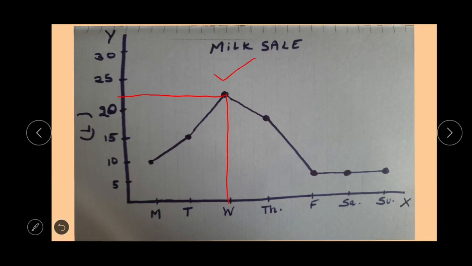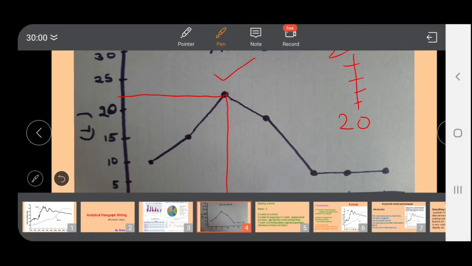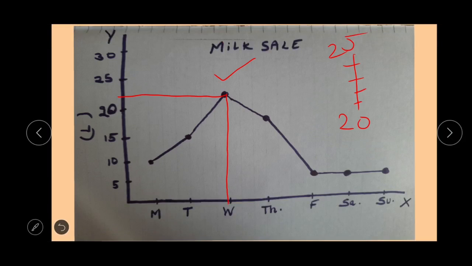So between 20 and 25 there are 5 small points: 21, 22, 23, 24, and then 25. So this is about 22 or 23. There are two words you can use here, near about or approximately.